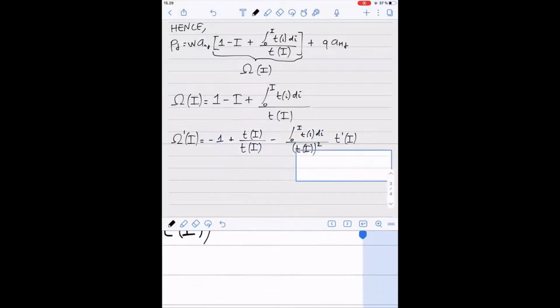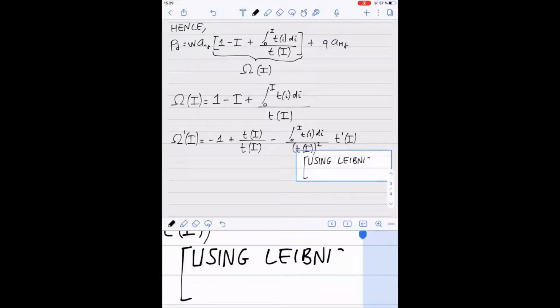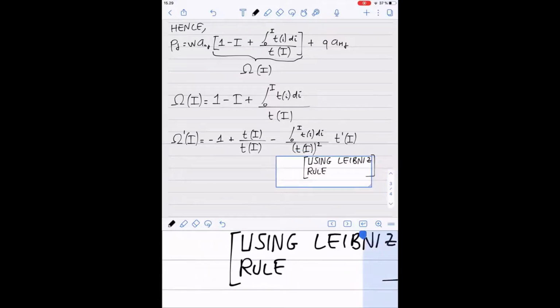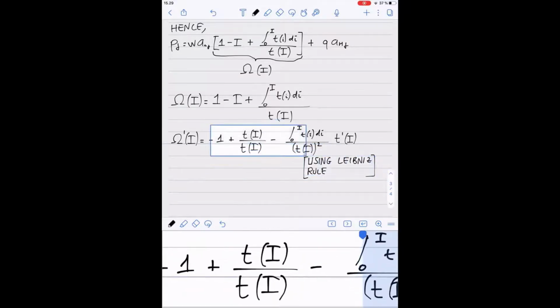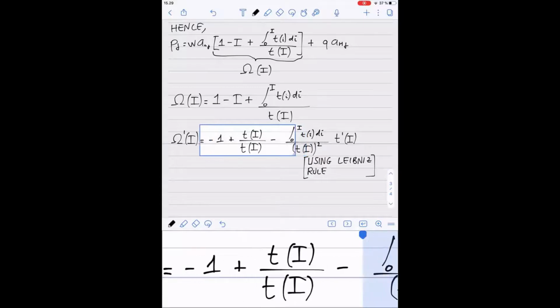And here let me write it down just in case somebody doesn't know. We are using Leibniz rule for the derivative of integrals. Okay, so what we have here, well, we have that this term becomes 1, and so it cancels out with the other one.